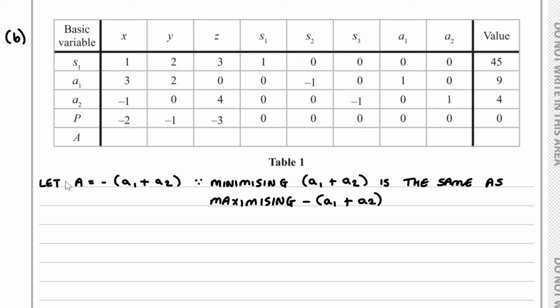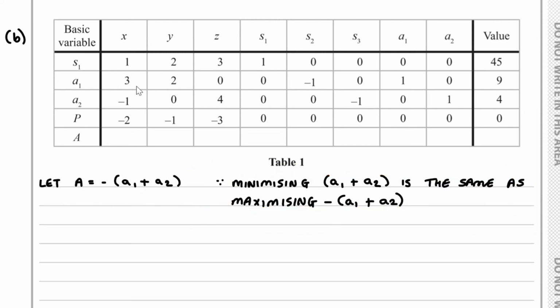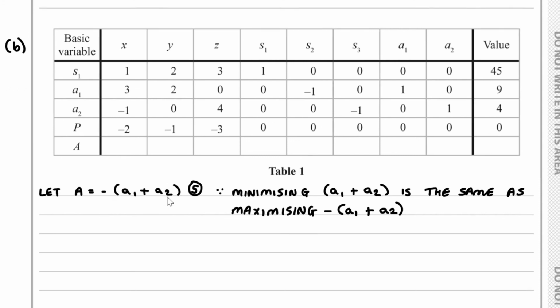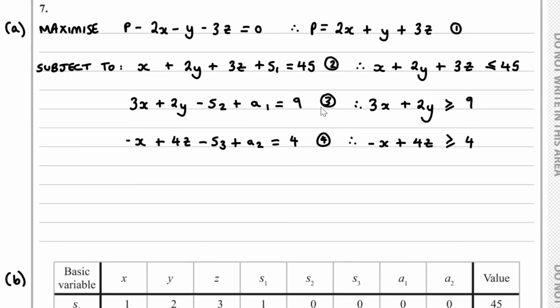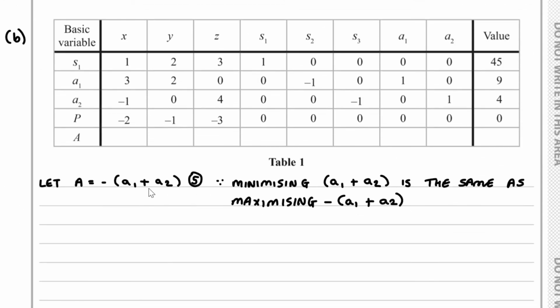So what we will do over here, if we move this to the right a bit, let's call this equation number 5. Okay, now what we can do first of all, if we add together equation 3 and equation 4, we will get something involving an A1 plus an A2, so we can make this substitution.